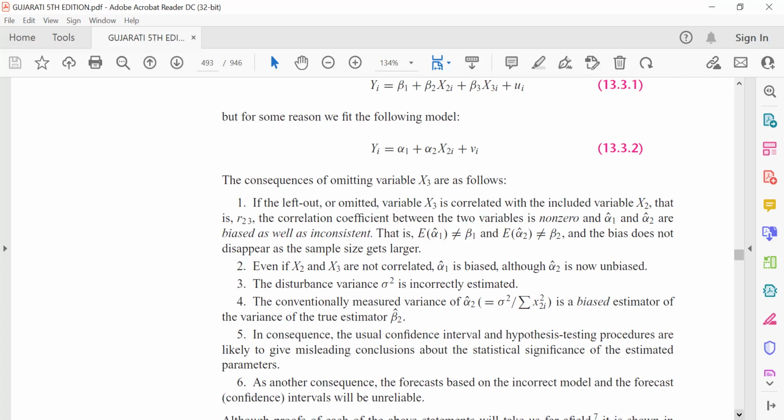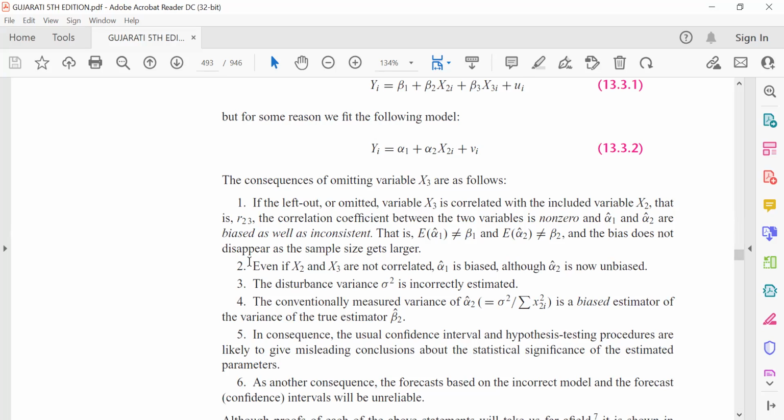This means it is the worst one compared to the violations of multicollinearity, heteroscedasticity, serial correlation. Okay, if we omit an important variable that has correlation with the included variable, we produce a biased and inconsistent estimated model.